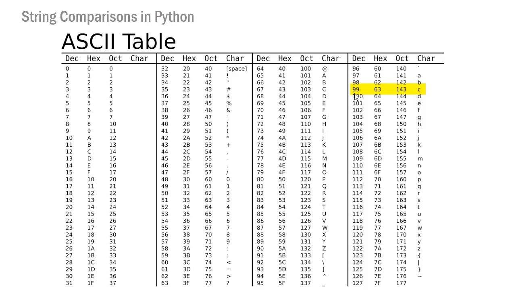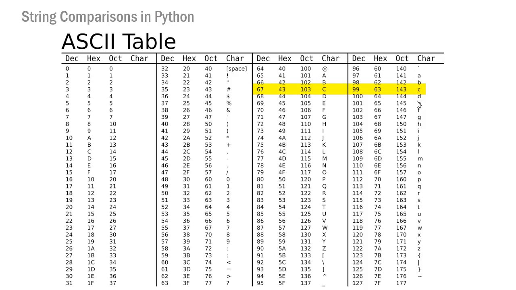But an uppercase C has a value of 67. By the way, the difference between an uppercase and a lowercase is always a difference of 32. So 67 plus 32 is 99. I tend to remember that a capital A is 65, and then I can very easily figure out what the decimal value should be of any uppercase or lowercase letter.